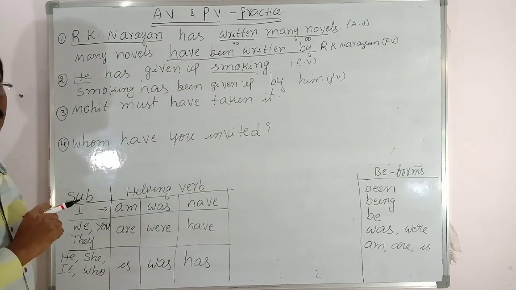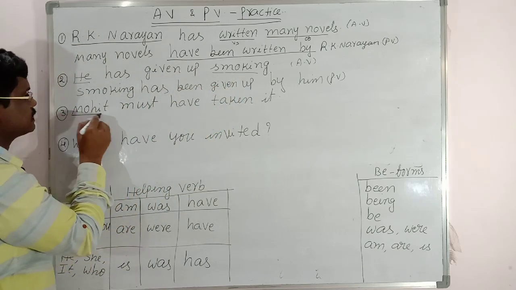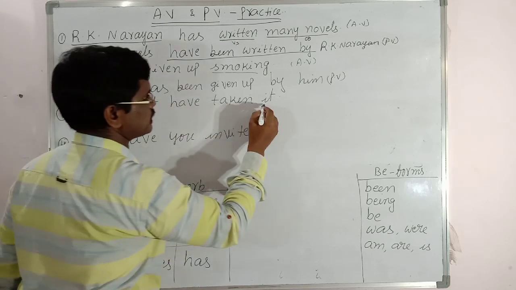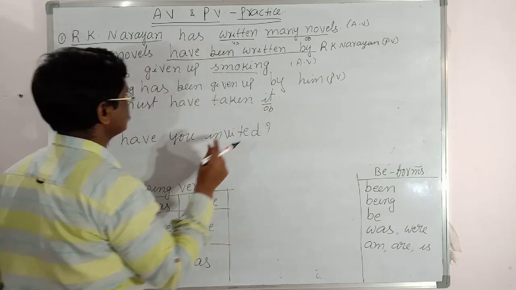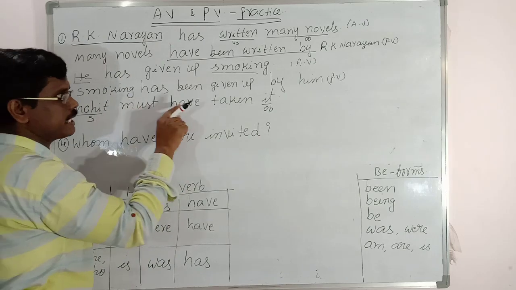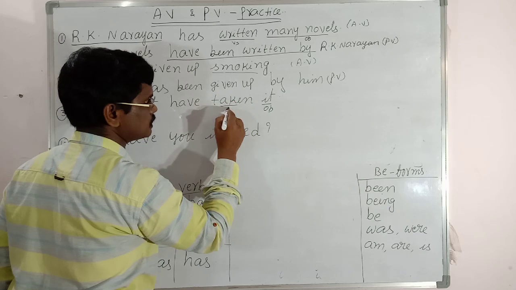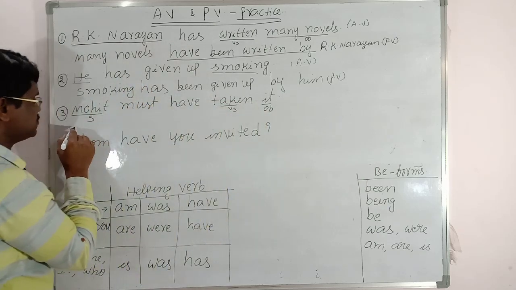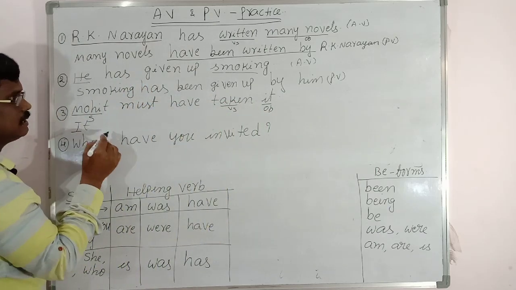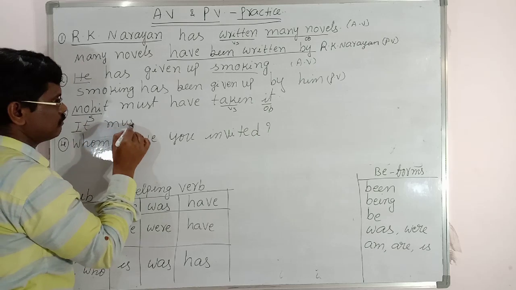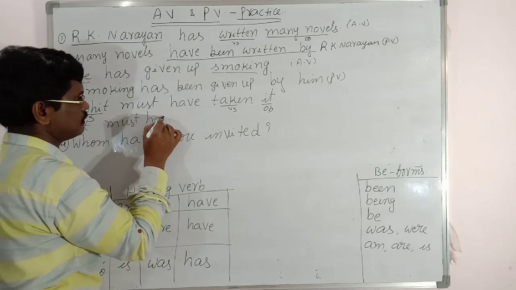Let us see the third sentence. Mohit, subject. It, object. Must, modal, but have is also there. Here verb 3 is there. Very, very important. Verb 3 is there. That means the object, it. So must have.